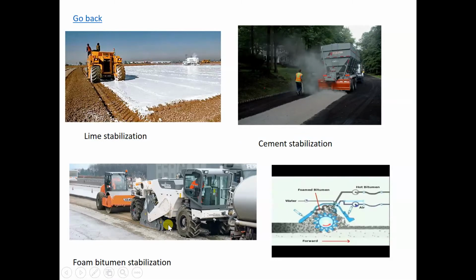Okay, the bottom left is the foam bituminous stabilization, and on the right hand side it just shows the machine that is used to do the stabilization. Basically, the machines that are doing the stabilization are quite similar. So they are like this machine. They are called the recycler or the reclaimer, or sometimes just called the stabilizer.